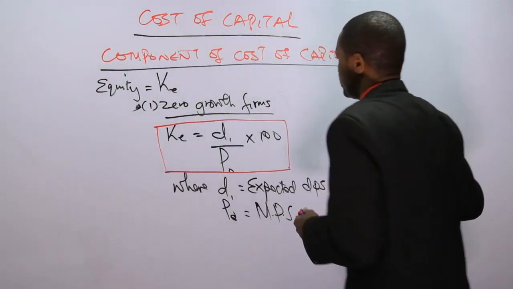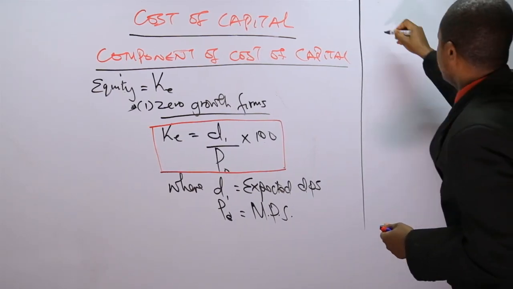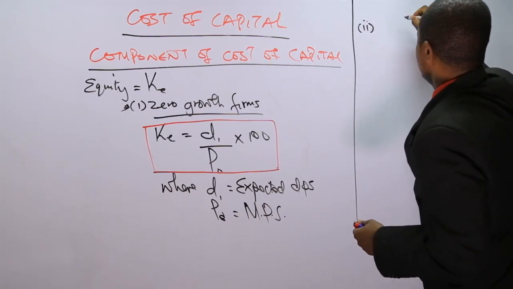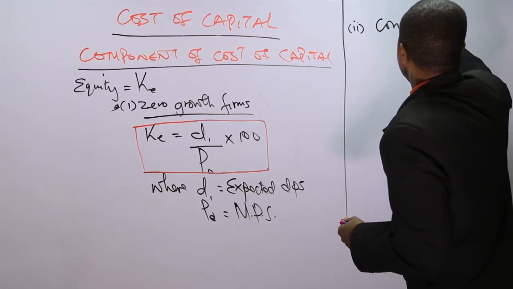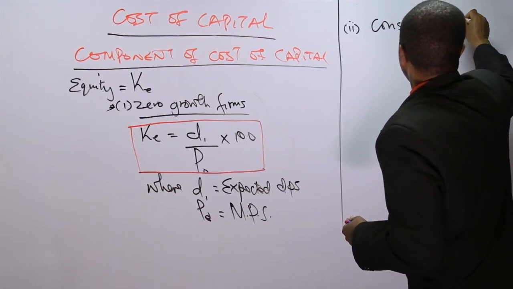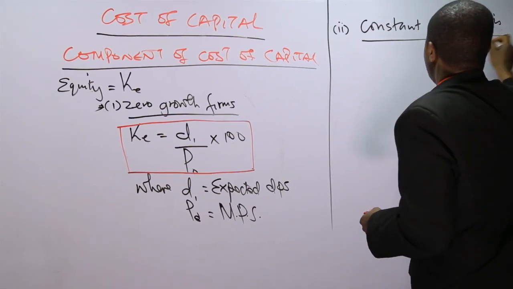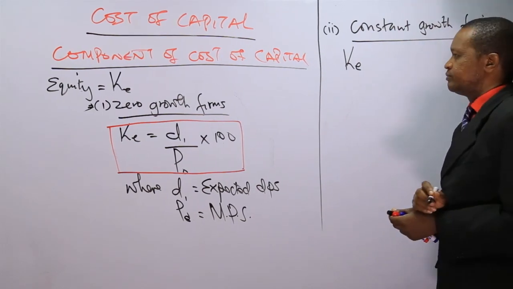The other category of firm, number two, is a firm that is growing at a constant growth rate, a constant growth firm. What will be the cost of equity for such a firm?